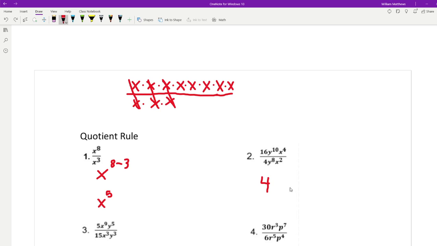So we would have y to the power of 2. And then our x variable, our x base, would be 4 minus 2, which would give me 2 as well. So my answer for problem number 2 would be 4 x squared y squared.